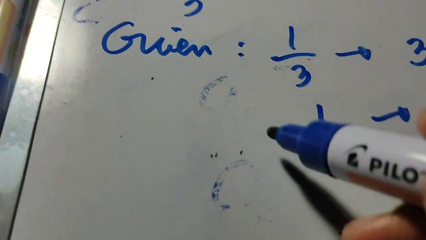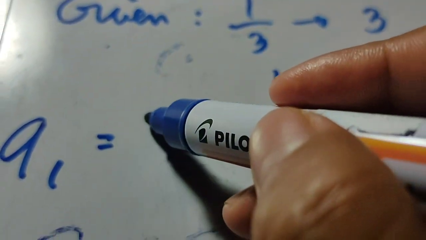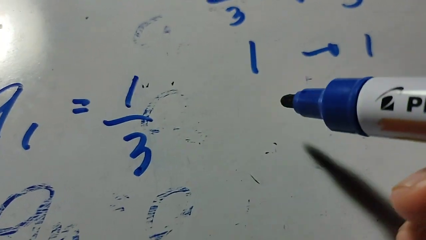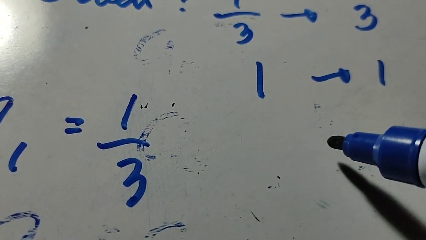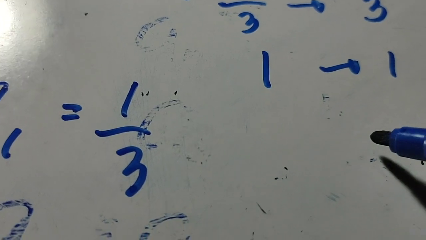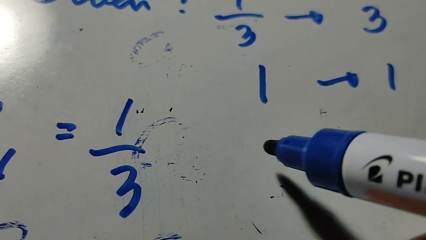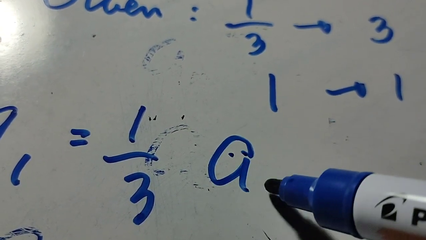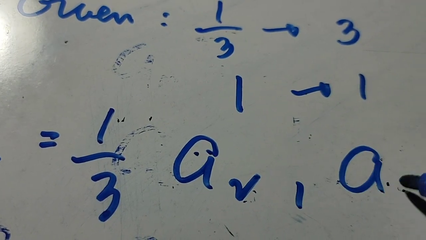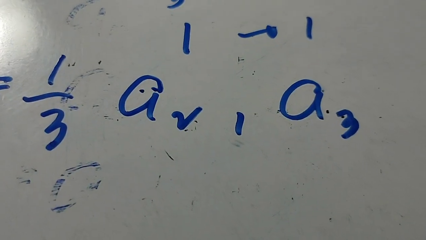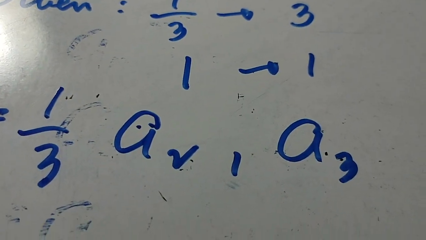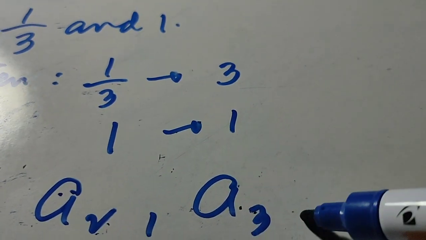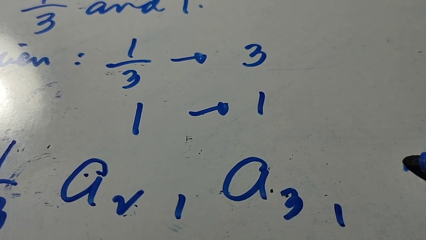Our a sub 1 is one third, and the last term, because this is between, so we have a sub 2, a sub 3, and our fourth term is 1.